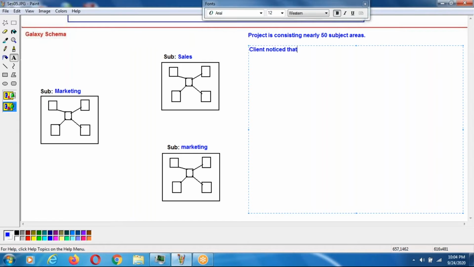The client noticed that nearly 30 subject areas consist of the d underscore items table. So there is a d underscore items table in nearly 30 subject areas. The same table is created again and again. Clear?